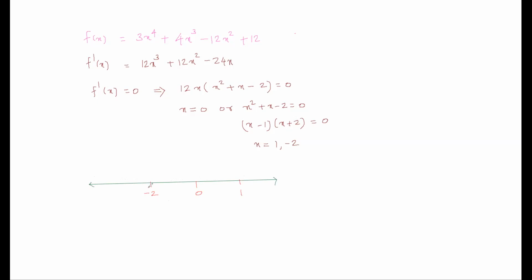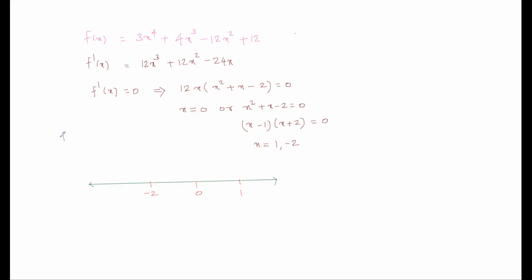These 3 points may be a local maximum, it may be a local minimum, or it may be a point of inflection. For that we have to check the sign of f dash x.